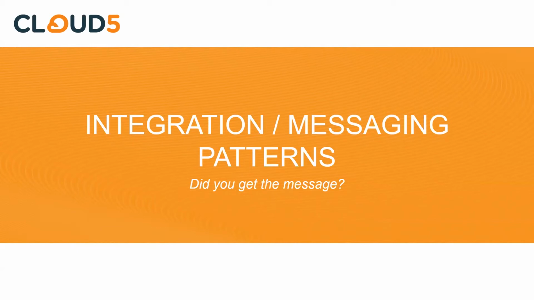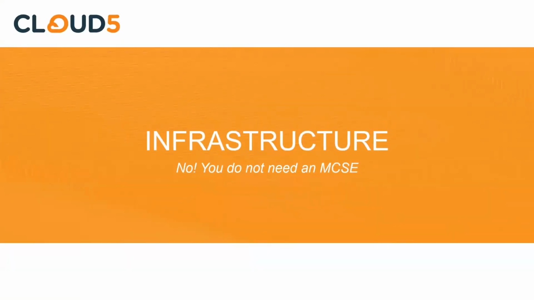But not only that, now when we go to distributed systems, we also talk about infrastructure. We also have the concept of having multiple infrastructure pieces on the network. You don't need an MCSE to practice infrastructure in 2021, but you do need the least amount of skills to achieve good DevOps in a distributed system.